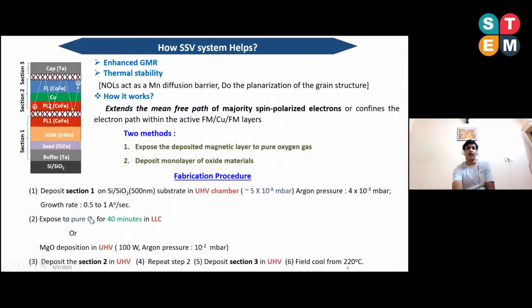In this case, we exposed it to pure oxygen for 40 minutes in the load lock chamber, not in air. In the case of MgO deposition, in the same system, we used RF sputtering with a power of 100 watts at a pressure of 10 to the minus 3 millibar, and we did this deposition for the MgO layer.